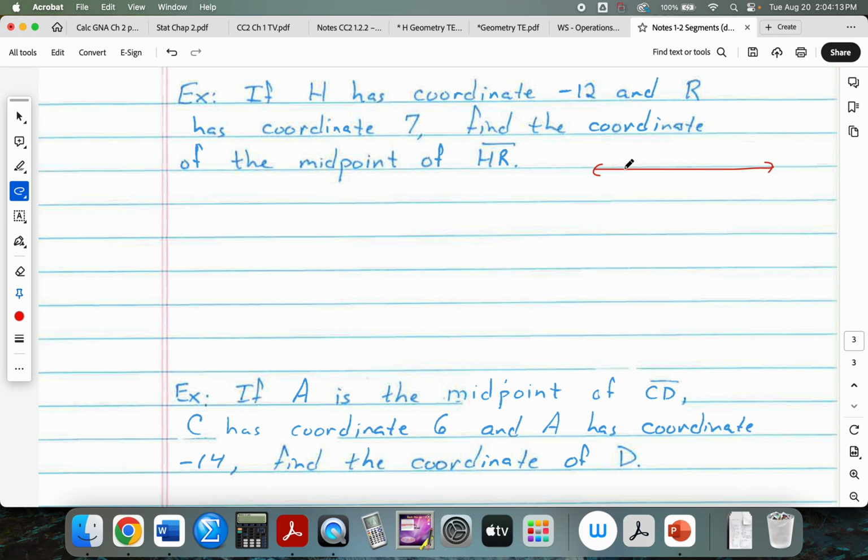I just go H is at -12 and R is at 7. And we want to find the midpoint. I'll call it M since it didn't give me a name. I'll put a little slash across those to show those two segments are supposed to be the same length.